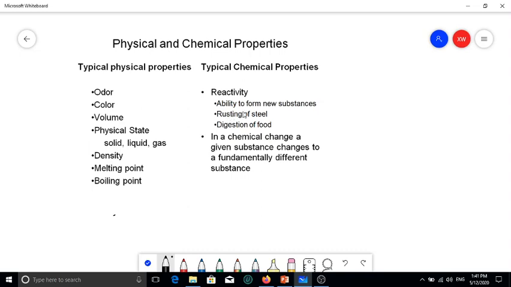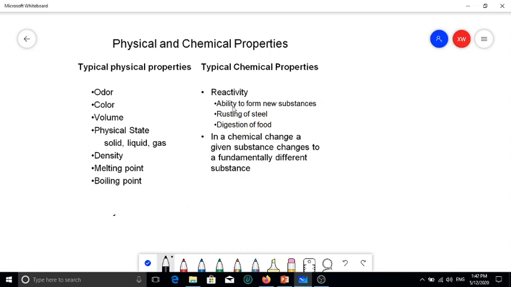So rusting of steel is a chemical property. It can easily rust. If you eat any food, taking nutrition into your body and turning it into either energy or nutritious supply to your body, that's digestion of food. That's a chemical property of the food.